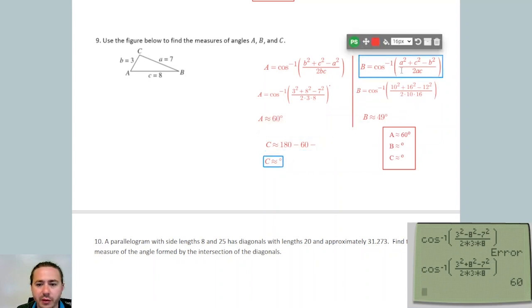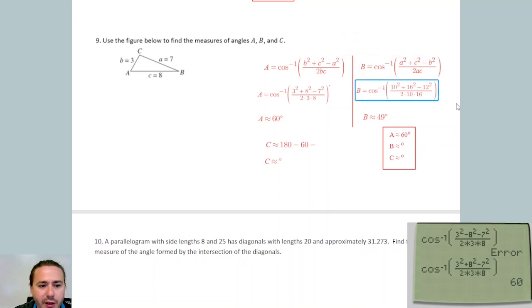Okay, so for angle B, we do kind of the same thing here. You plug in all the appropriate numbers. A is going to be 7, C is 8, and B is 3. So we get 2 times 7 times 8. And we'll type that in.